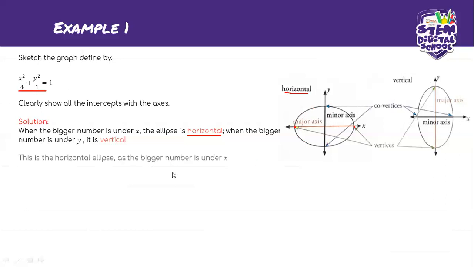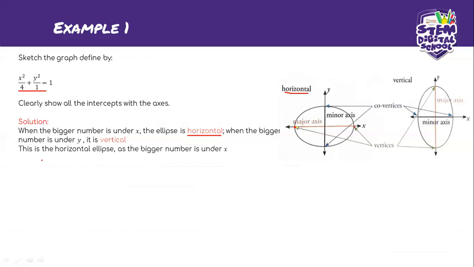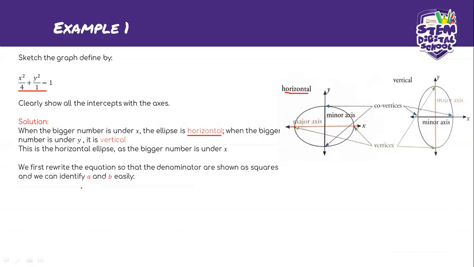Now, it says this is the horizontal ellipse, as the bigger number is under x, right? Now, we have to rewrite the equation so that the denominators are shown as squares, and we can identify the value of a there and the value of b there, right?